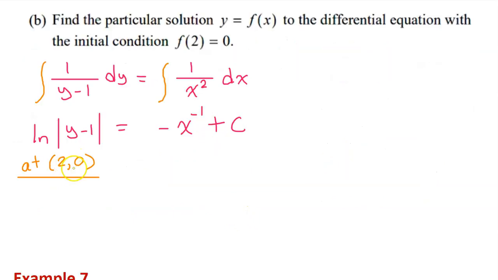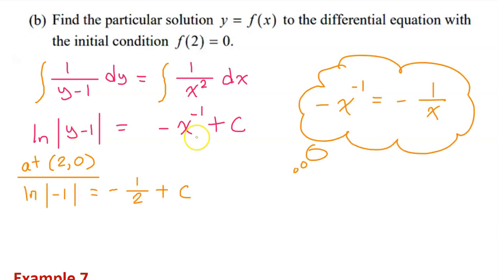Now it's time to use the initial condition to find the value of c. Let's plug in 2 for x and 0 for y. This negative x to the negative 1 power is the same thing as negative 1 over x. And substituting in the 2, we have negative 1/2 plus c.